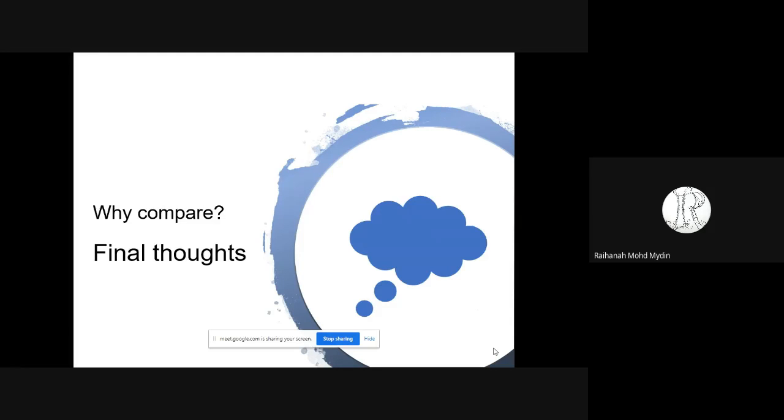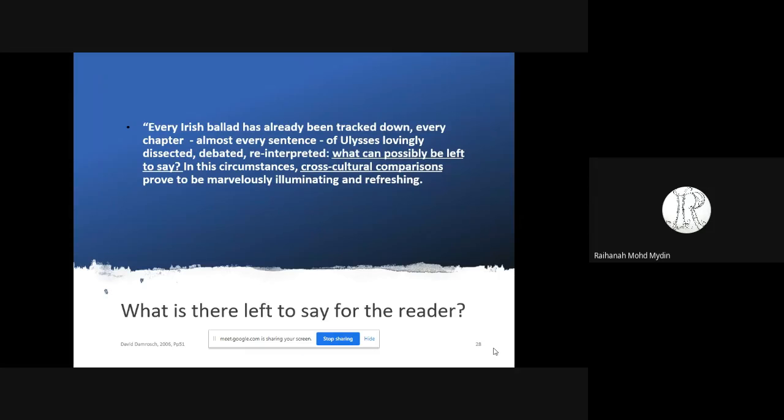So the final thoughts for today's session is, I'm going to leave you with a couple more quotes to entice you a little bit about your role as the reader in this whole discussion. So what is there left to say for the reader if a particular text has been read and reread for many, many years? And here's an idea.